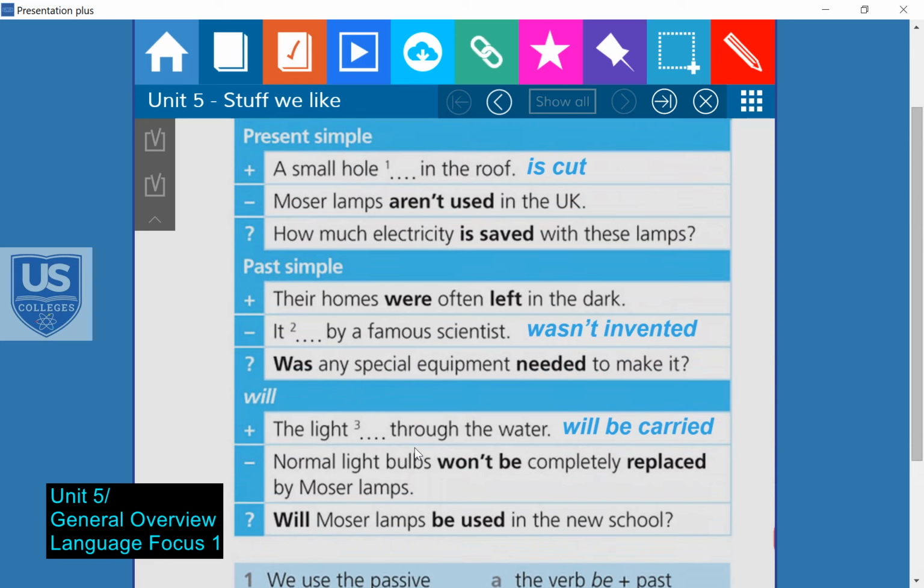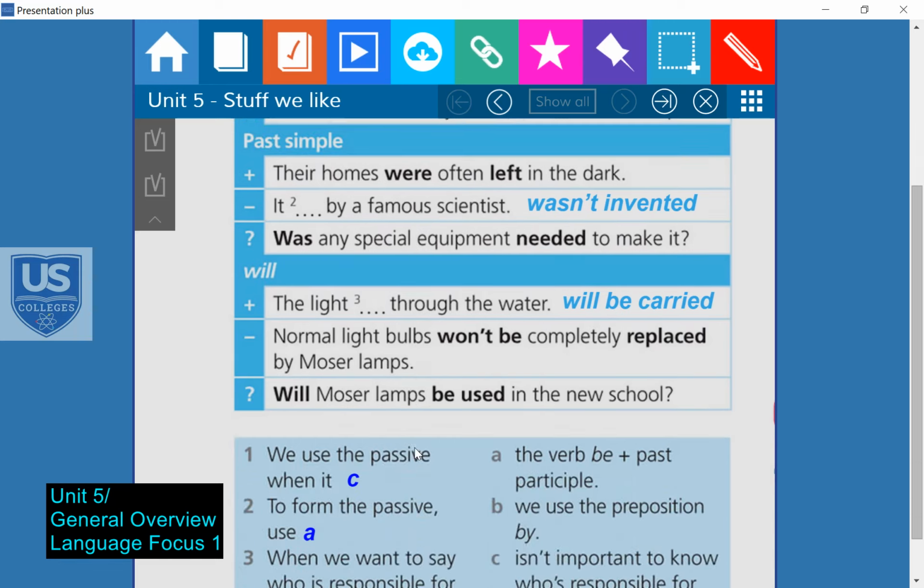A small hole is cut in the roof, standing for a present simple positive passive sentence. Motor lamps aren't used in the UK, standing for a negative present simple passive. How much electricity is saved with these lamps? Standing for the question present simple passive sentence.